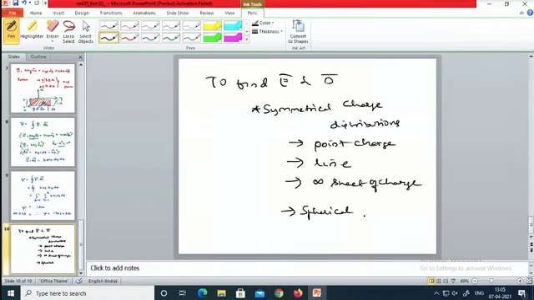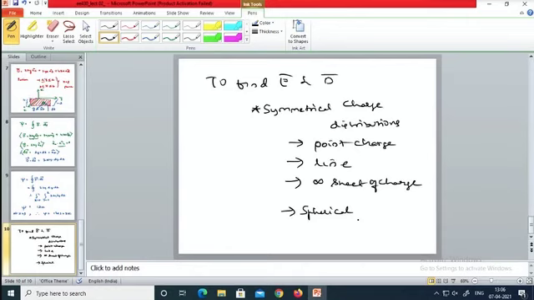Okay. So Gauss law is applied for only symmetrical distribution. Yesterday we discussed there is a limitation. It's applicable only for symmetrical. So when do you say it is symmetrical?